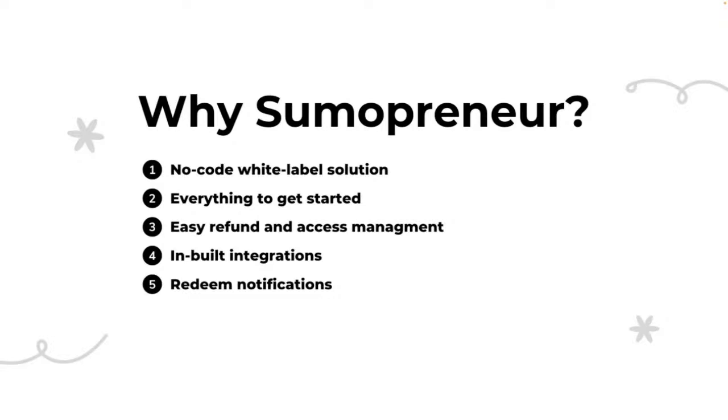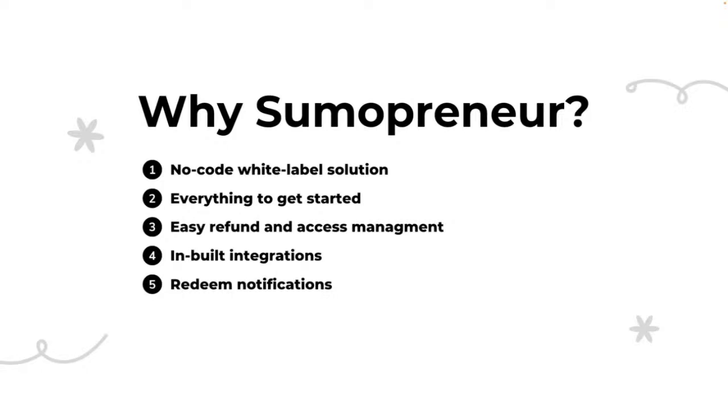Means you can connect with a custom domain, so there are no traces of Sumopreneur while it is connected with AppSumo. Sumopreneur provides you everything that you need to get started listing your product on AppSumo and start receiving new sales.